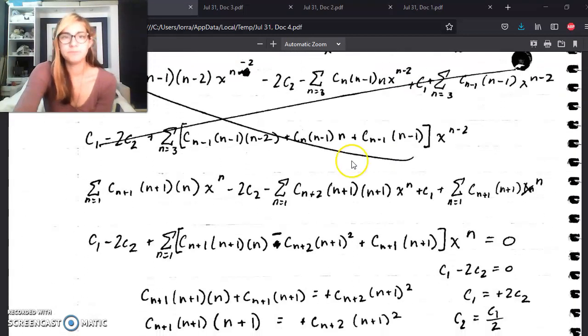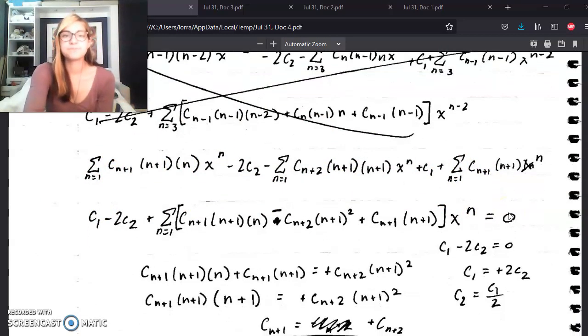And after that, I wanted the same x powers. You have to make the indices equal so that you can combine the entire power series.